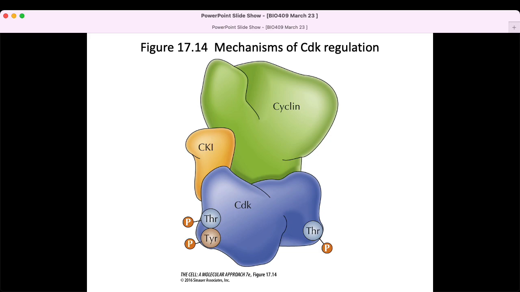Yes, the phosphorylation status can change, but if this inhibitor is present, nothing else matters. So CDK in that picture is inactive, because of the CK. And if it were active, CK1 would just not be around.